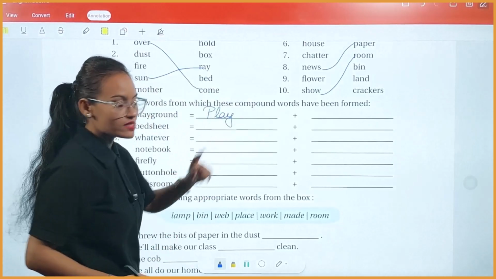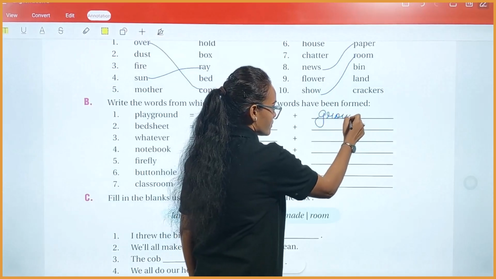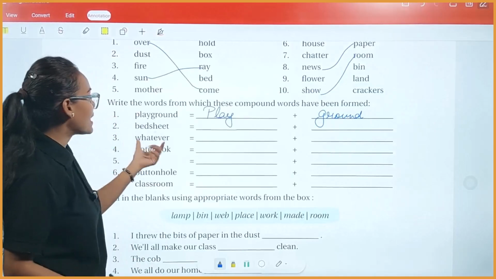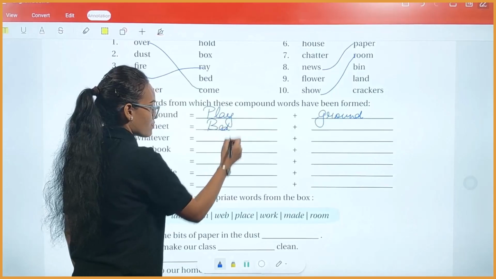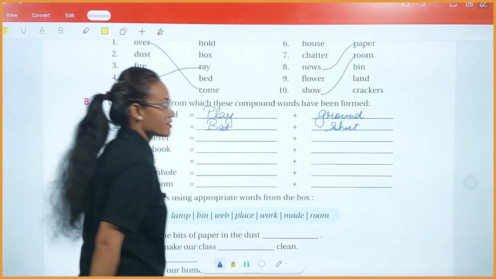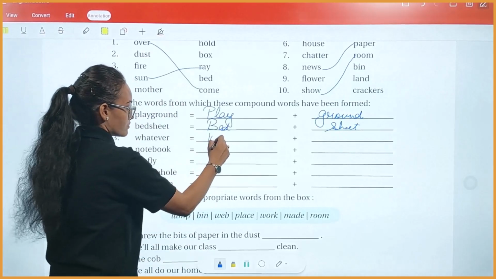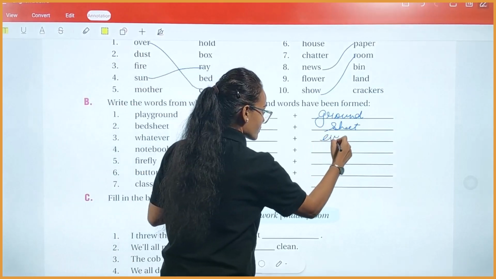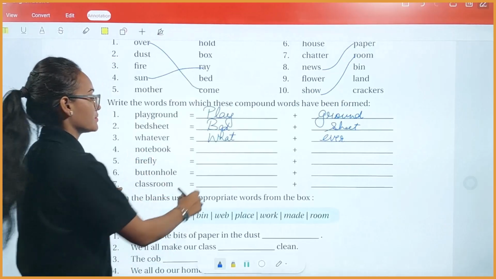Play plus ground. Then bed sheet. Bed, sheet. Then notebook.